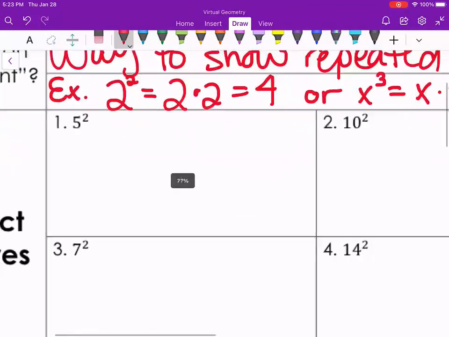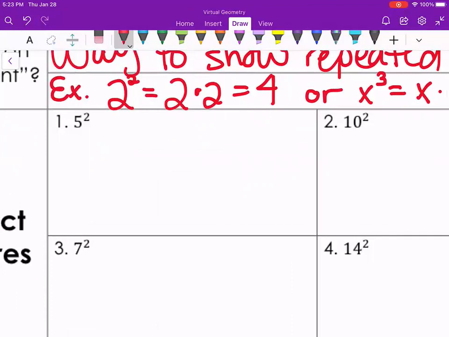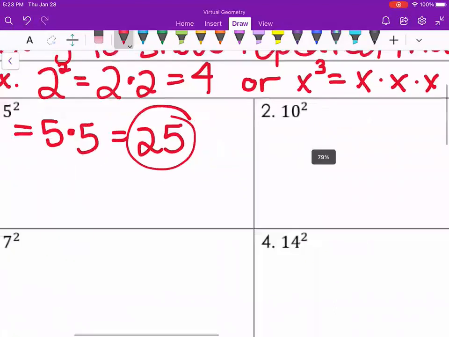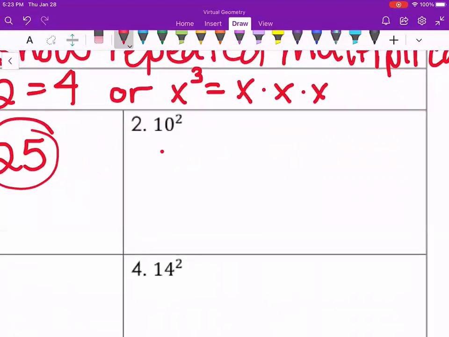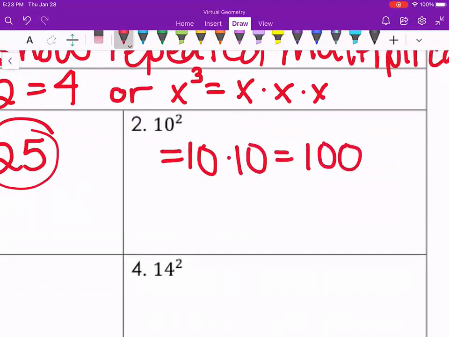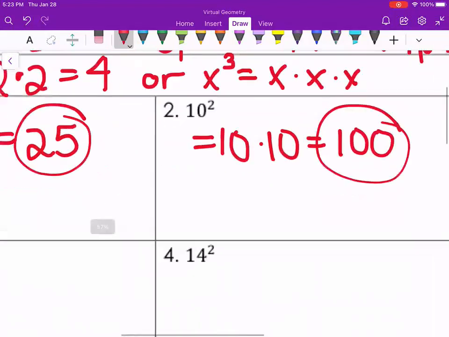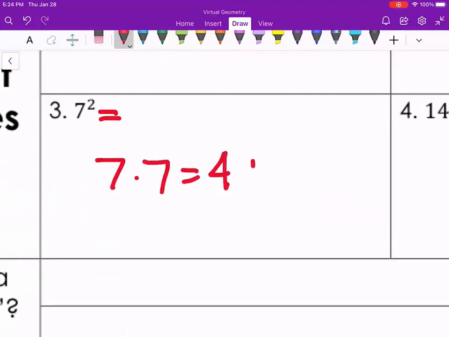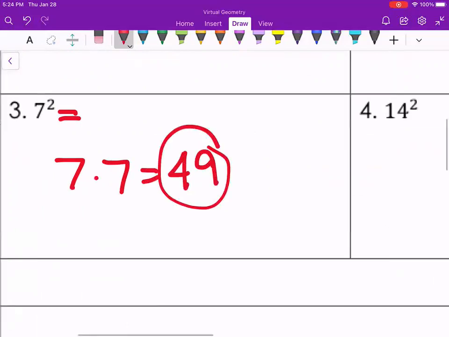So let's see what happens when we bring in some numbers, and you've seen these values before. Let's check out the first one, 5 squared, which is the same as 5 times 5, which is 25. And then 10 squared, that's the same as 10 times 10, or 100. Let's try some more. 7 squared is the same as 7 times 7, for 49.